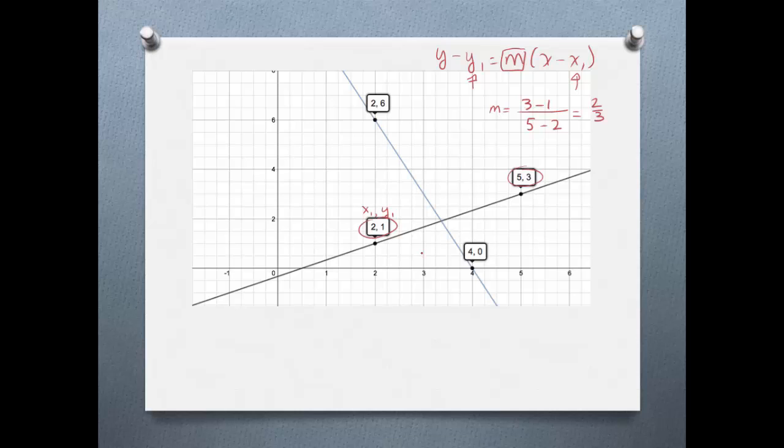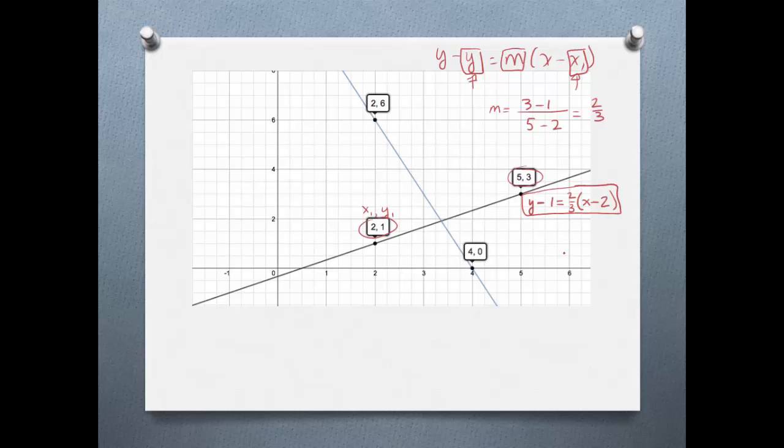So for this black line, my equation is going to be y minus 1, because I'm putting y1 in that spot. My slope is 2/3, times x minus 2, putting the x-coordinate of this point in the parentheses.